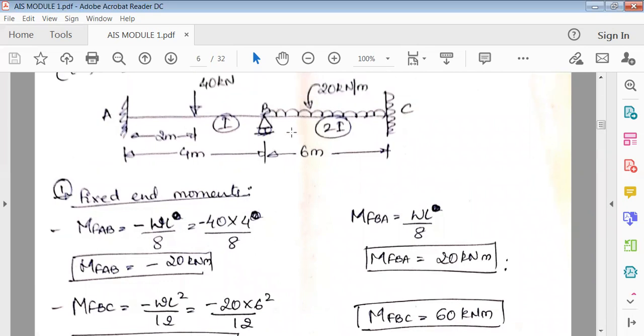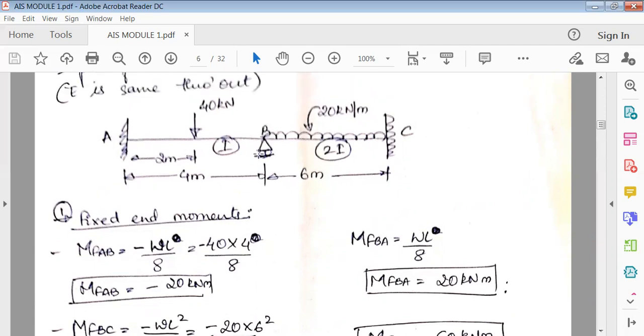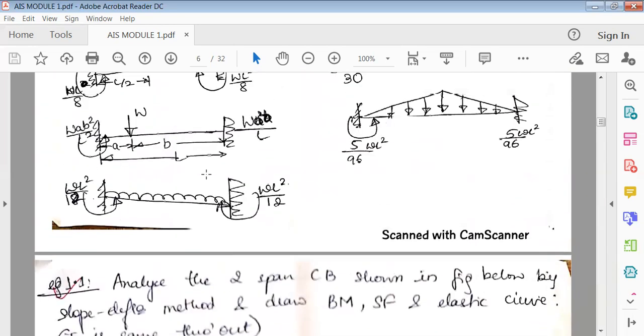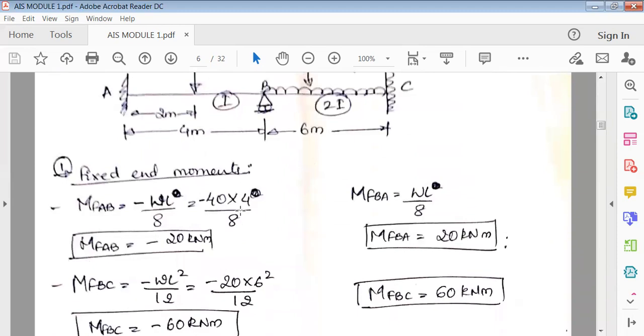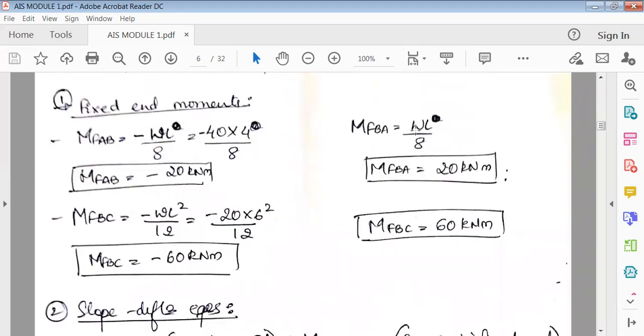Likewise, now MFBA. We are done with A to B; next we check from B to A. Again, both ends are fixed and it is a point load. The formula remains the same, WL by 8, but this time the moment would be clockwise. Because it is clockwise, it would have a positive moment.